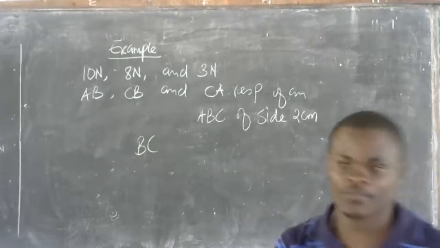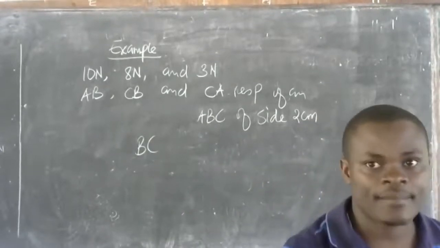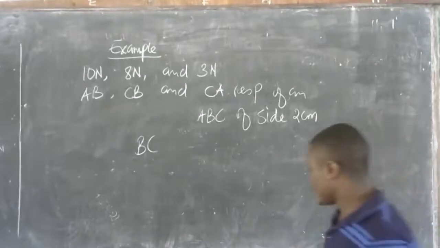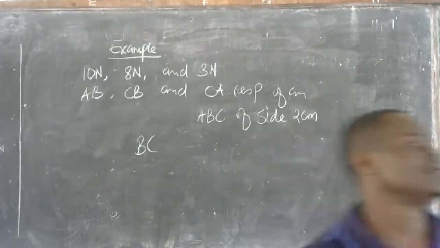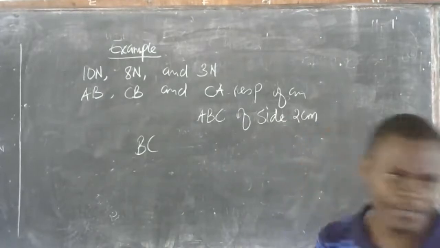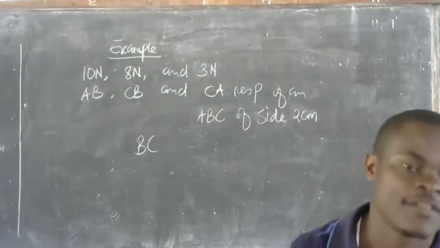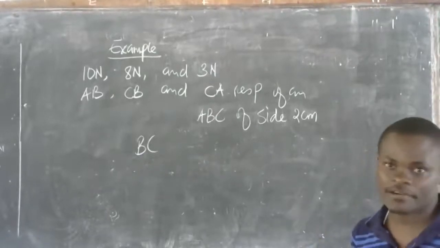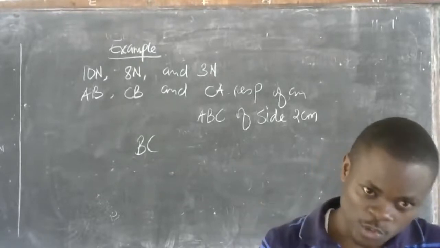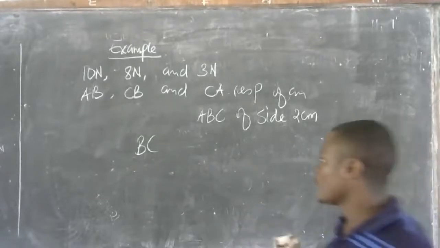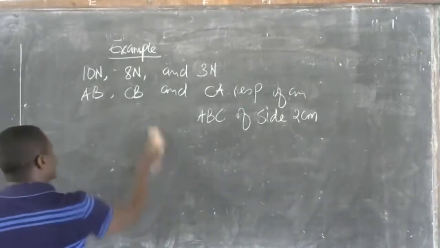So please, this time you have to read the question fully. This time they want you to find where the line cuts the side BC. So you better make the side BC the horizontal in that diagram. If you just draw a triangle, you may fail to get the point where it cuts a side.